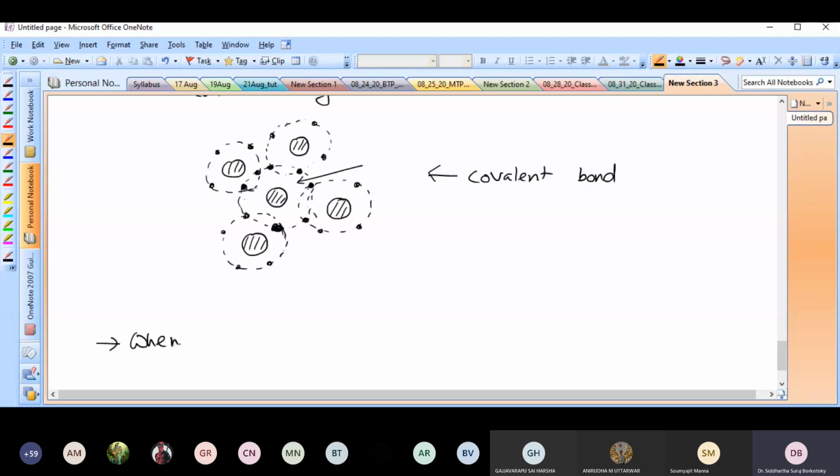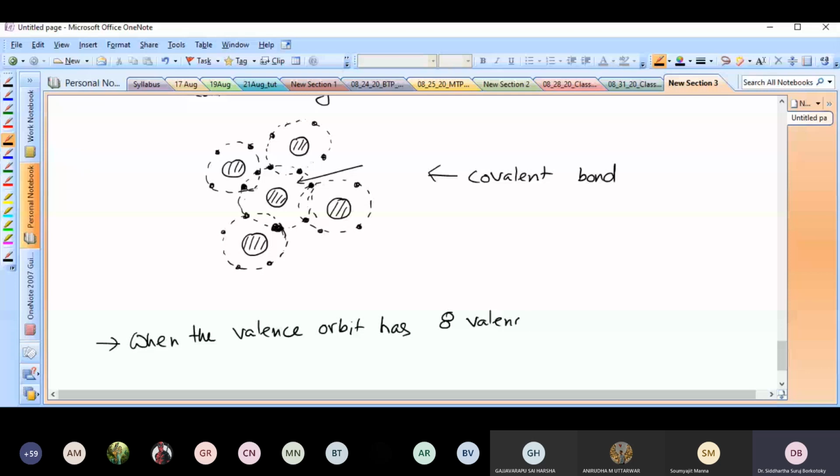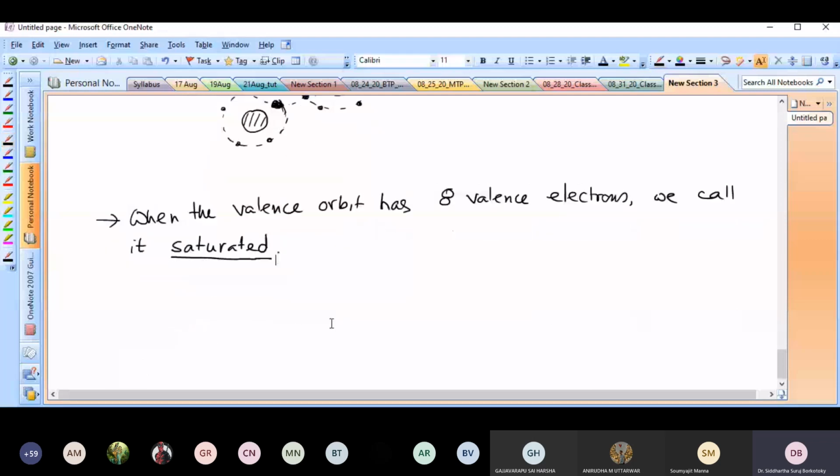So when the valence orbit has 8 valence electrons, we call it saturated. So it cannot accept any more electrons. So it does not want to take anything. It doesn't want to make it 9. Okay, so that is a common property of materials. So these valence orbits cannot hold any more.